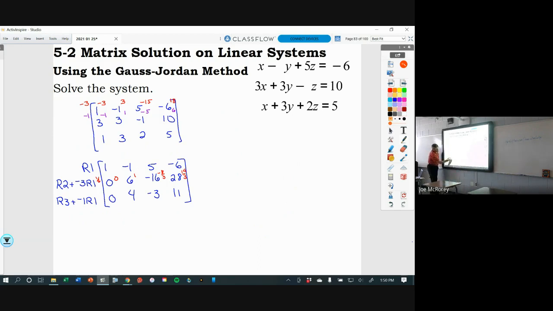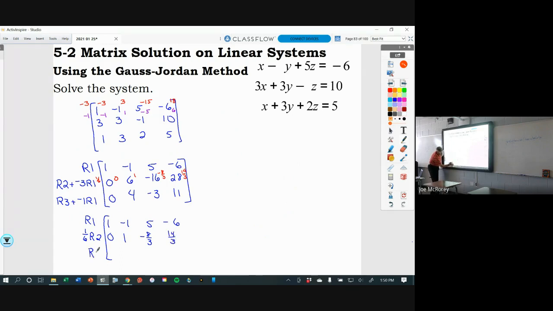So, I'm leaving row 1 alone. Row 2, I'm taking 1/6 of my row 2, which is 0, 1, -8/3, 14/3.